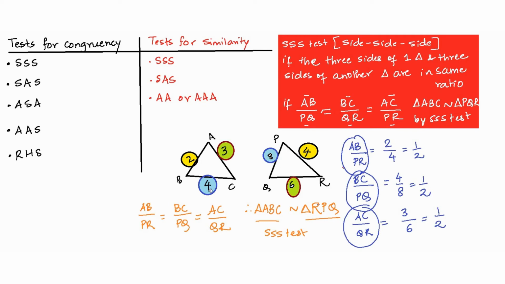So you have to have all these combinations done in your head to find the right combinations of sides so that the ratios are equal. So if the three sides of one triangle are in the same ratio as compared to the three sides of the other triangle, then the two triangles are similar by the SSS test. So let me pause for a minute so that you can grasp what was done here, and then we will continue with the SAS test.